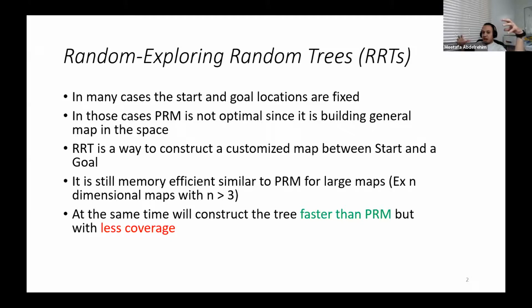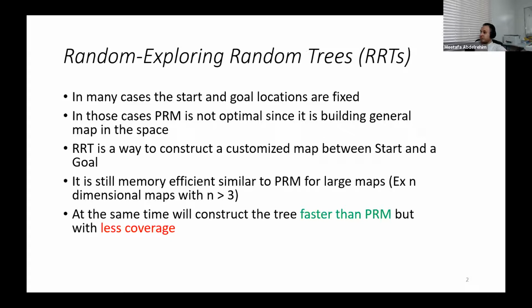So you need better, higher coverage for it. But here, the start and the goal locations are fixed. Still, there is no map, so we need to build a map, but around the start and the goal locations. That way we may need a smaller number of nodes, and of course less memory, which is good.